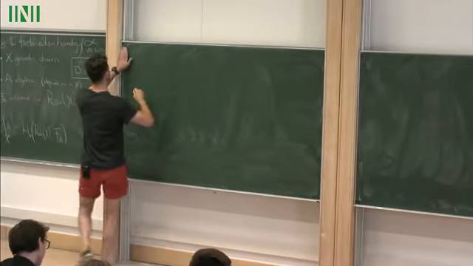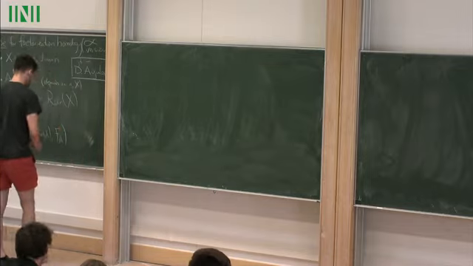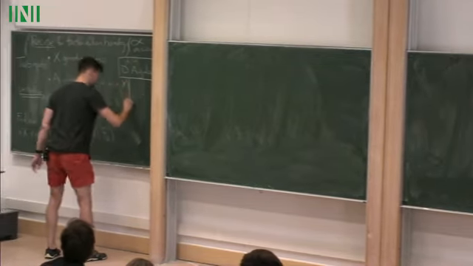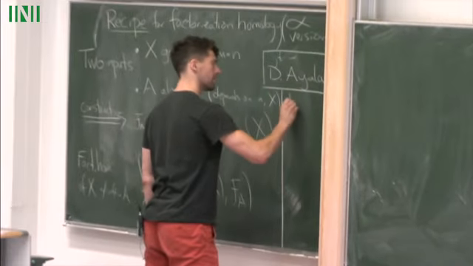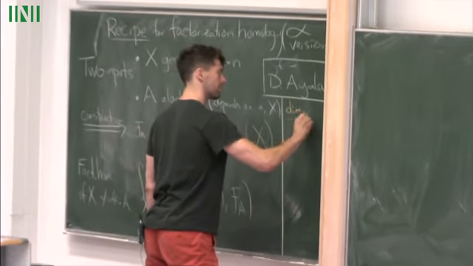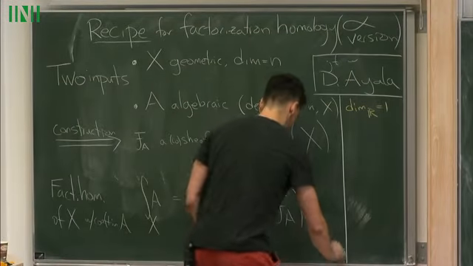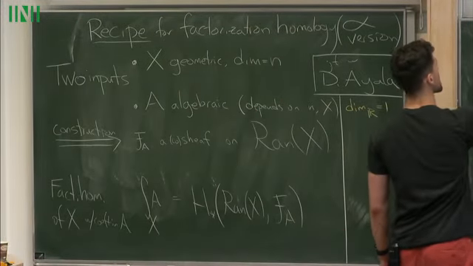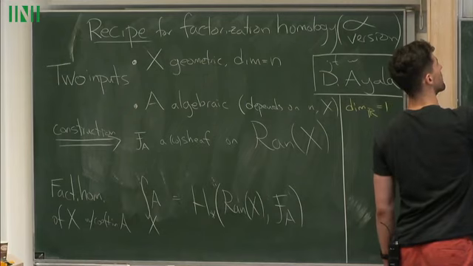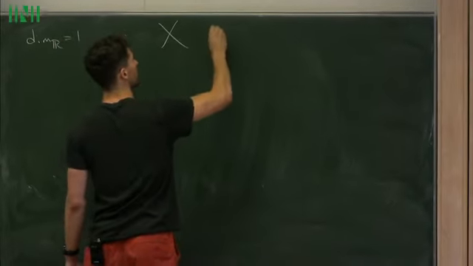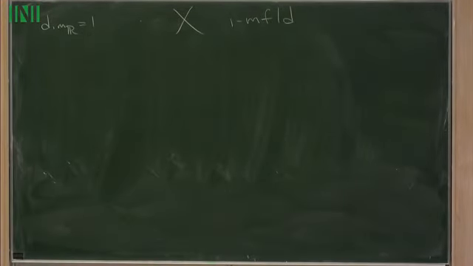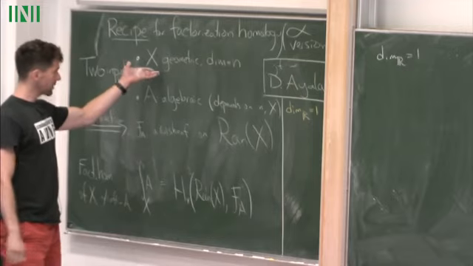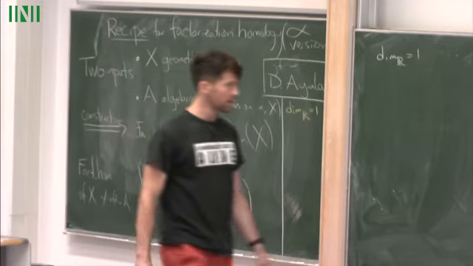Okay, so our little tour. Maybe I'll keep track of the stops on our tour in this little box right here. So first is real dimension 1. So here, X is a 1-manifold. Now I need to tell you two things, what kind of geometric input there is and then what kind of algebraic input there is.